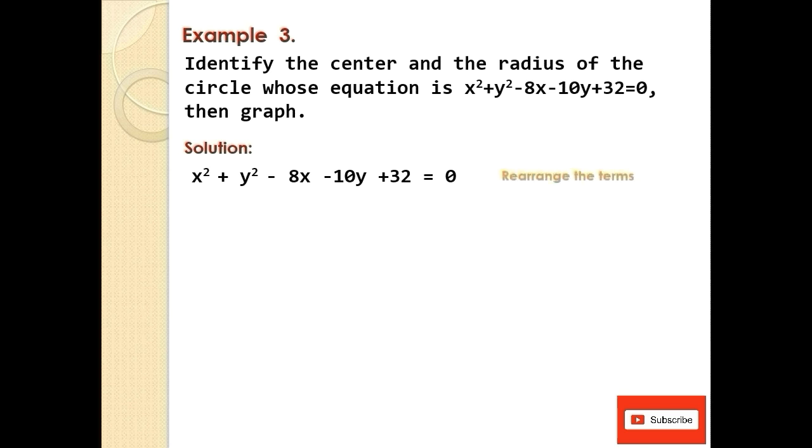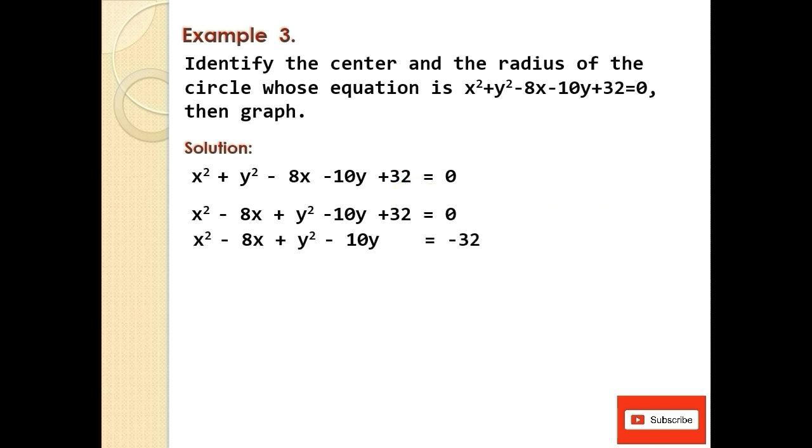Step 2, rearrange the terms with same variables next to each other. Then, isolate the constant. Next step, we group the terms with similar variables. Next step, we complete the perfect square trinomial.